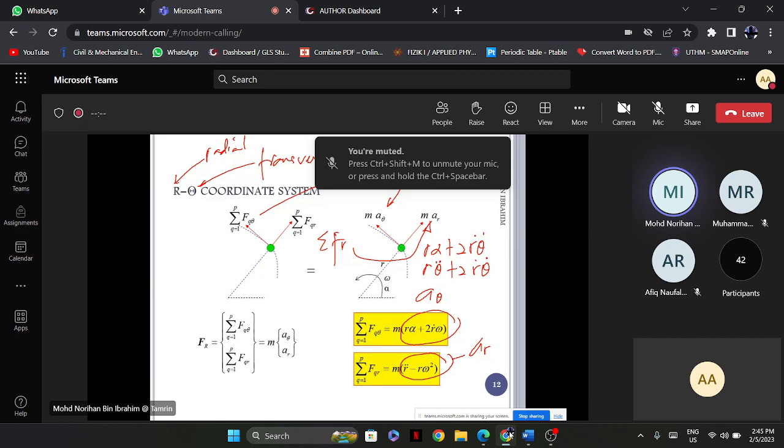So r theta double dot is equivalent to r alpha. Theta double dot is equal to alpha. Theta dot is equal to omega. Omega dot is equal to alpha. You need to familiarize yourself with these symbols and abbreviations when we deal with this kind of radial transverse coordinate system.